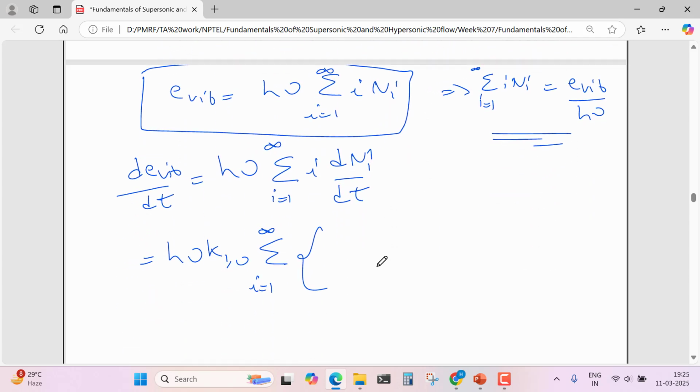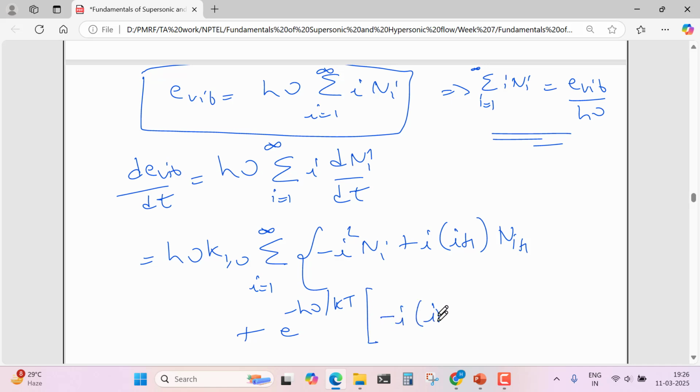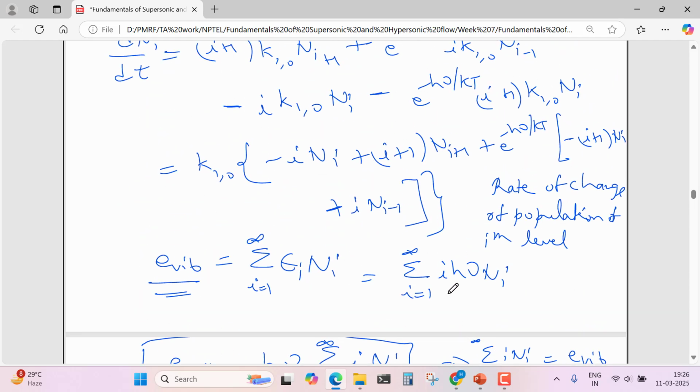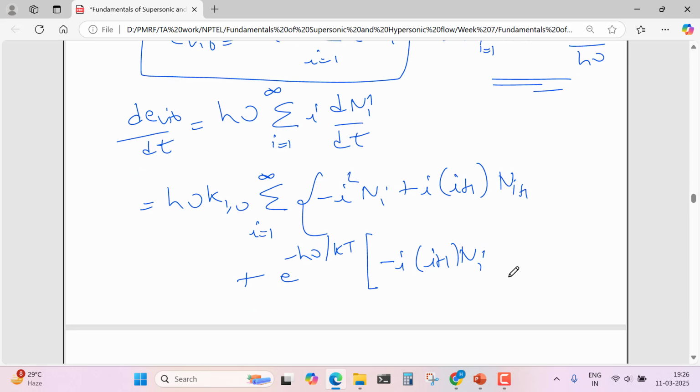So we get minus i square n_i plus (i+1) n_{i+1} plus e to the power minus h nu upon kT into minus i+1 n_i plus i square n_{i-1}.